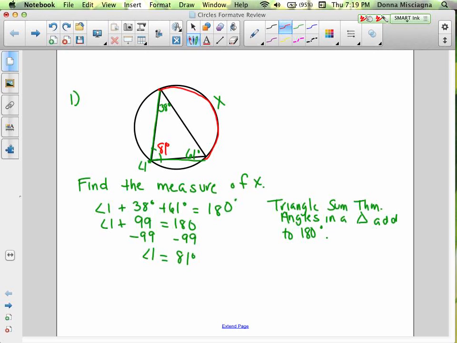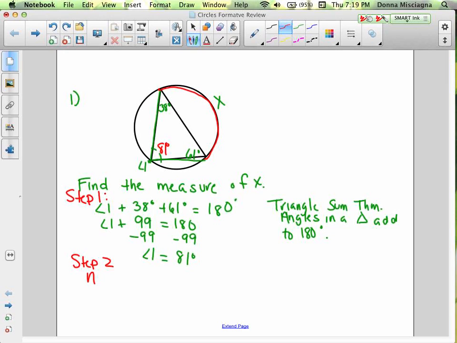Now that we know the angle, we can find the arc. So if you remember, this was step 1. Step 1, we had to find the measure of the angle, right? Because that's the inscribed angle for that intercepted arc. Step 2, we need to find the arc.